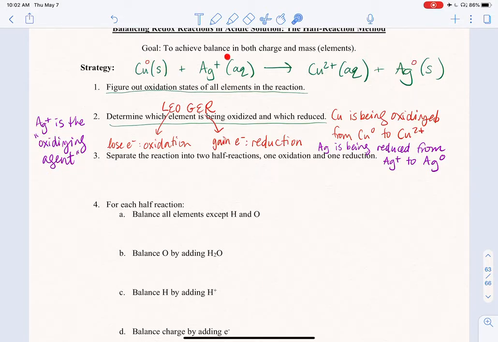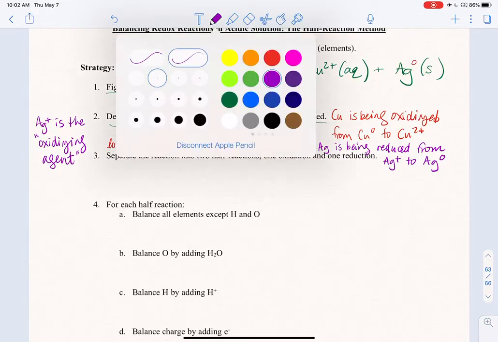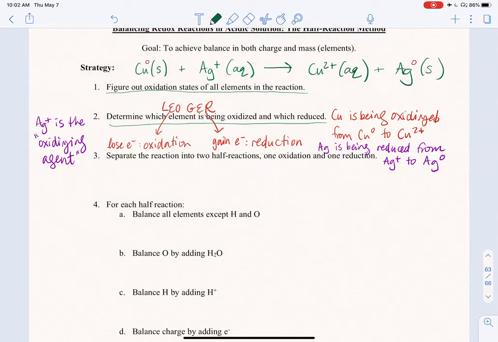This species is responsible for oxidizing the copper, so we call Ag plus the oxidizing agent. Conversely, copper 0 is the reducing agent because it is getting oxidized, and in the process, it is reducing the silver. Students struggle with that a little bit, but it's important vocabulary to know, that we refer to solid copper as the reducing agent because it is reducing the silver.